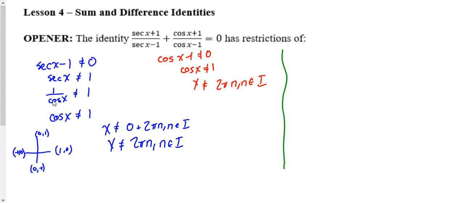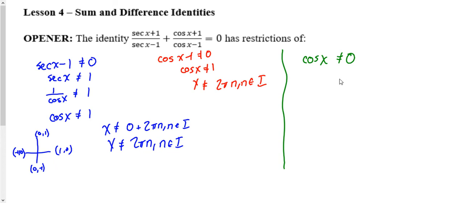But right here, this one position, what we wanted was that cos x there could not equal 0, because if you were 0 here, you couldn't continue on with this restriction anyway. So here, cos x cannot equal 0.